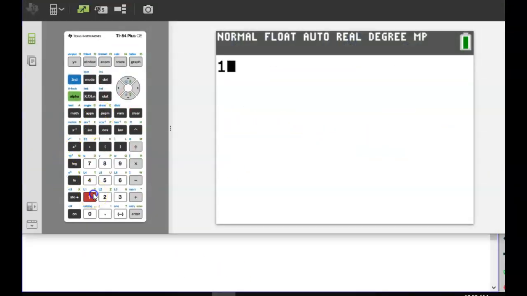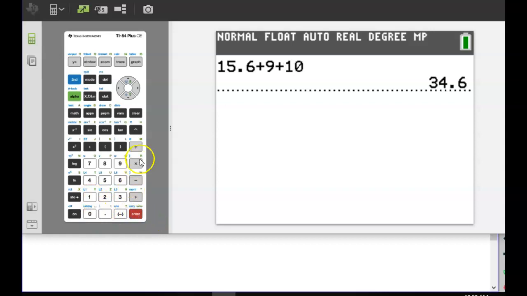All right, so we had a 15.6, a 9, and a 10, right? So the total perimeter was 34.6 divided by 2 is 17.3.